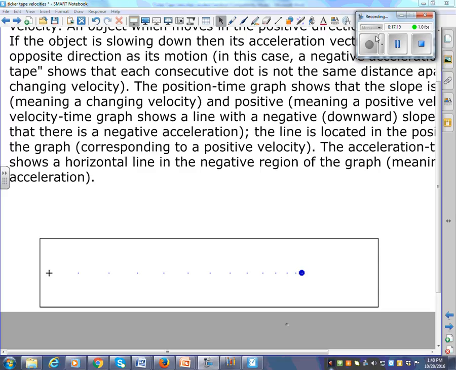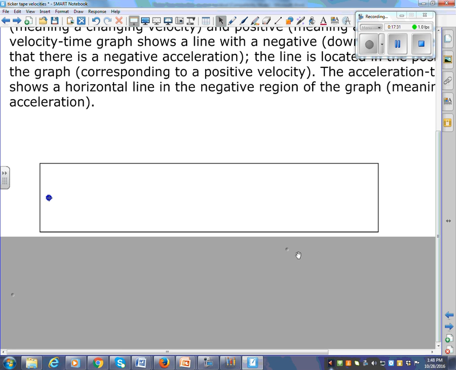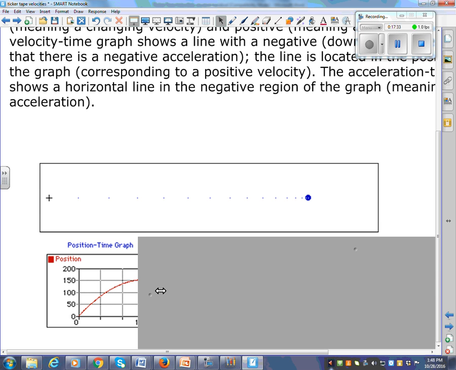Is that going to be the same for negative velocity and negative acceleration, you think? We'll get to that. Okay. Thank you. Okay, so we got positive velocity, negative acceleration, so we're slowing down to the right, which means that my position time graph looks like this. Is that what you had in mind? Yeah.